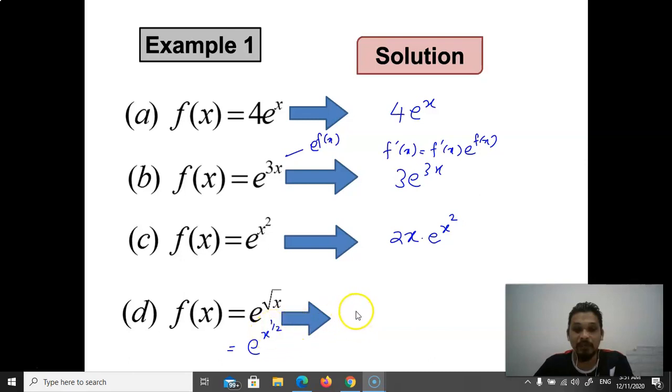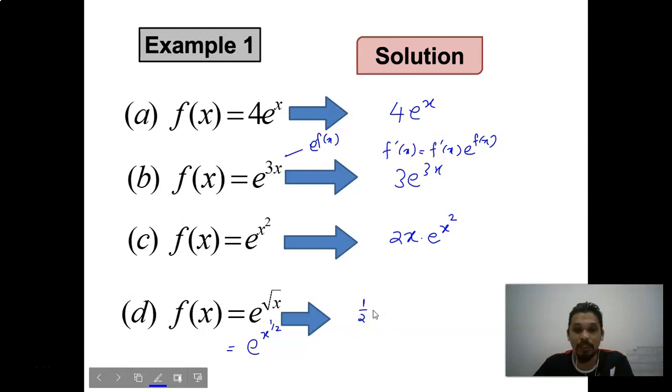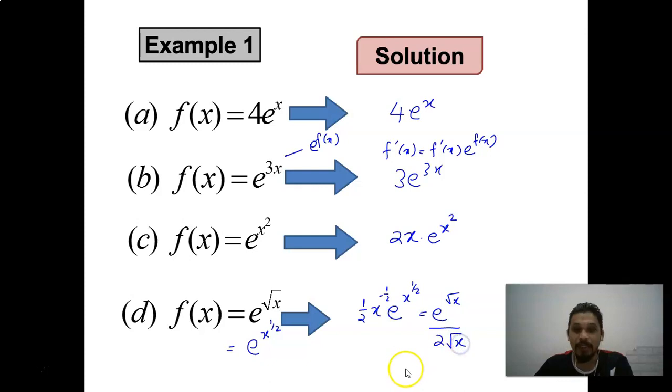Differentiate x to the power of half, which is 1 over 2 x to the power of half minus 1 equals negative 1 over 2, then add e to the power of x to the power of 1 over 2. So this is f(x) and this is f prime. So it gives you e to the power of square root of x divided by 2 square root of x.